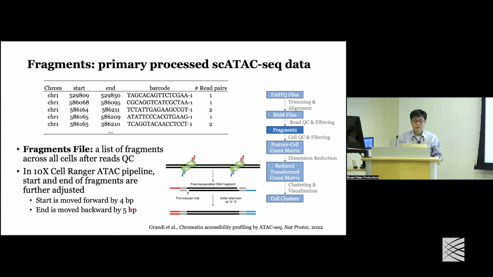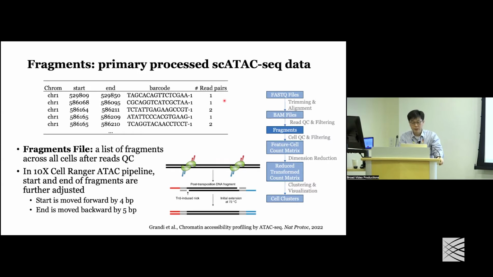After the read QC, we then convert the BAM files to a fragment file, which is essentially a list of the fragments generated by the ATAC-Seq experiment across all cells. It has 5 columns as shown here: chromosome, start and end, then the barcode, which corresponds to the specific cell, and then the number of fragments that match this particular coordinate.